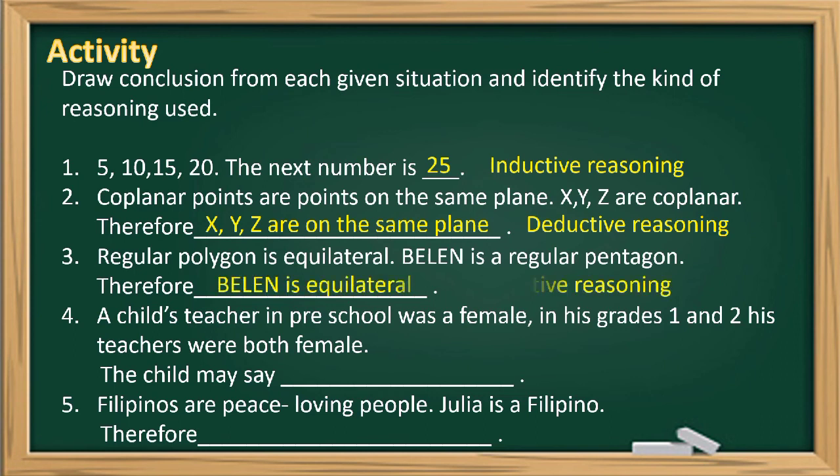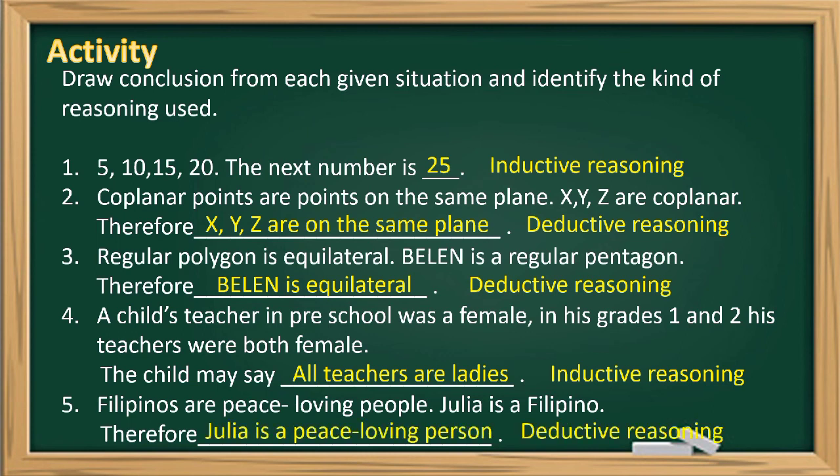For number 3, we have Belen is equilateral, and it is also deductive reasoning. For number 4, the child may say, all teachers are ladies, and it is inductive reasoning. And for the last item, Julia is a peace-loving person, and it is deductive reasoning.